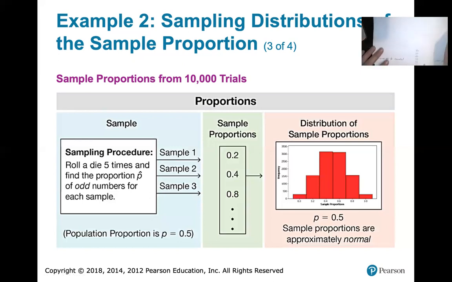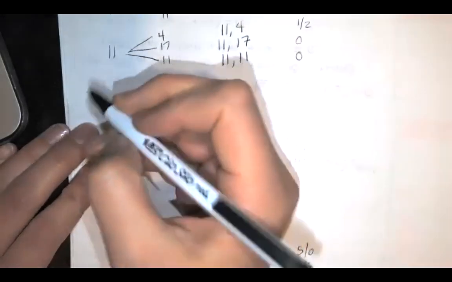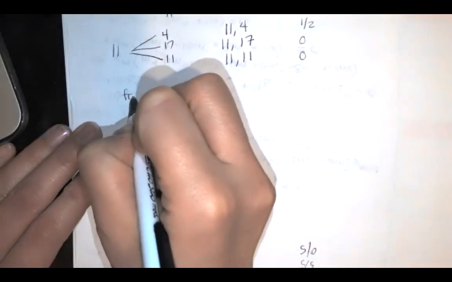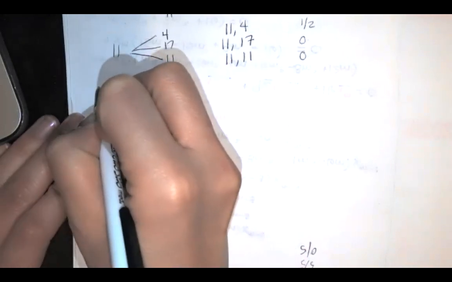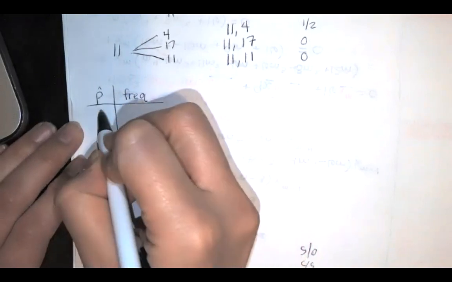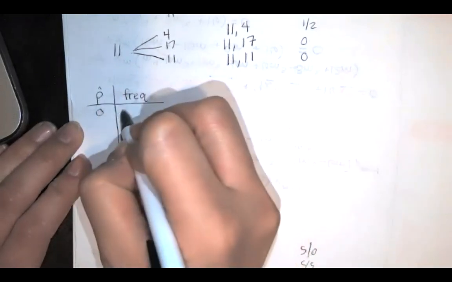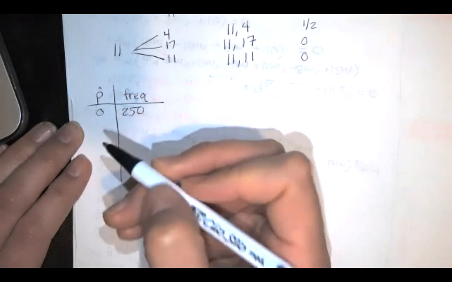So it looks like from the table, sorry, I'm bringing the PowerPoint up so I can continue to look at it. It looks like from the table, the frequency associated with these different p-hats are these. So p-hat is 0, and it seems to be about 250.